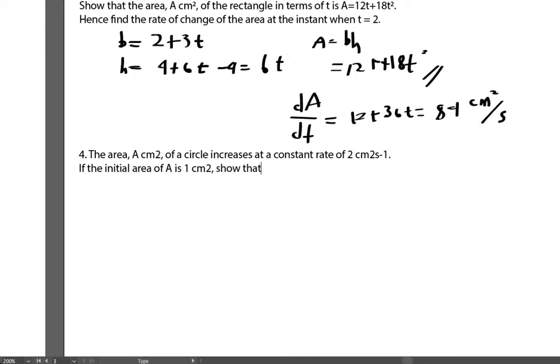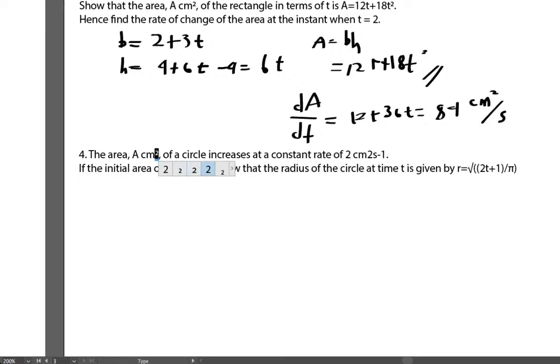Show that the radius of the circle at time t is given by r equals the square root of (2t plus 1) divided by pi. Okay, so this is a problem that I still actually struggle to solve without using integrals.